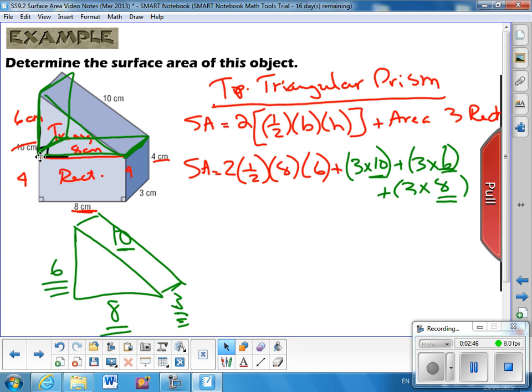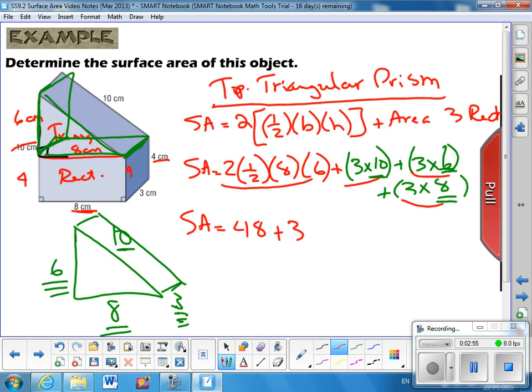All right, so then I would like you to multiply each one out. So the surface area is 48 plus 30 plus 18 plus 24. Add them up, and the surface area of your triangular prism is 120 centimeters squared.